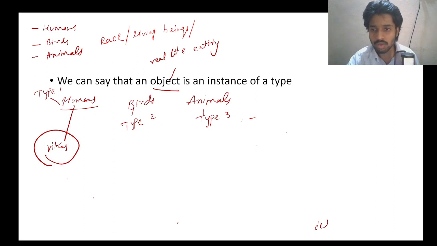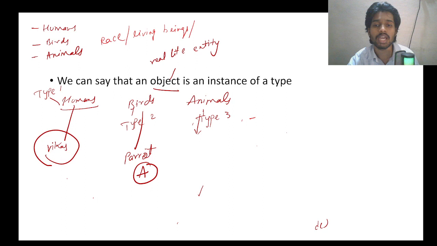And even if I talk about birds, like a parrot, maybe we can give it some name. This one is the real life entity. Birds is a type, but the real life entities, the real beings, are nothing but the objects.